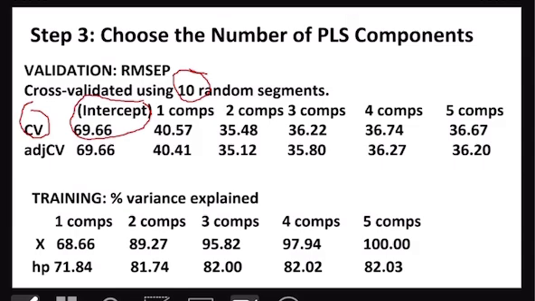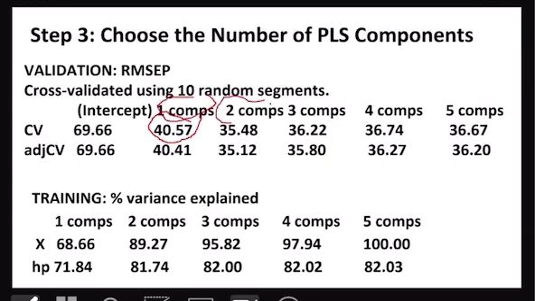Of course, without any principal component, it's going to be intercept only. The root mean square error for prediction was 69.66. Do you see that? With only one principal component, the error goes down. The root mean square error goes down to that.